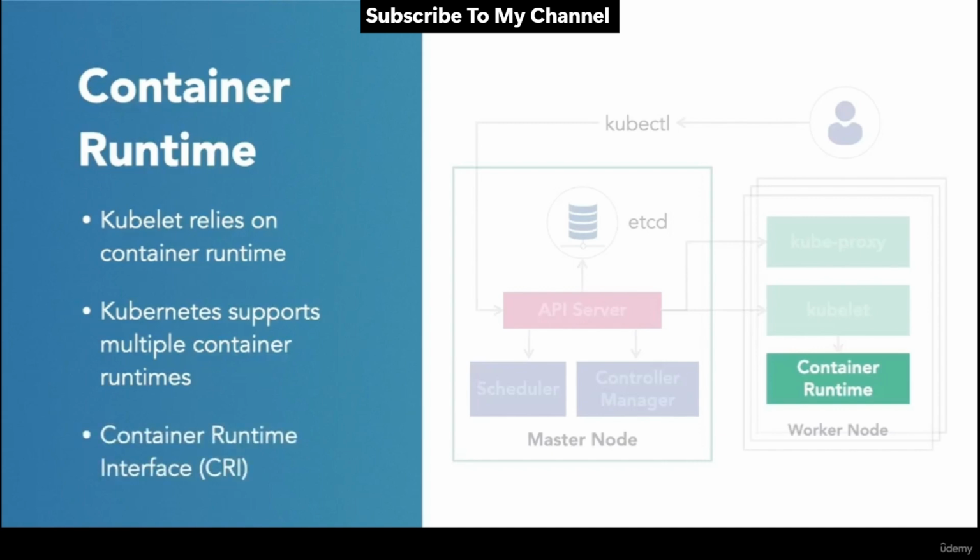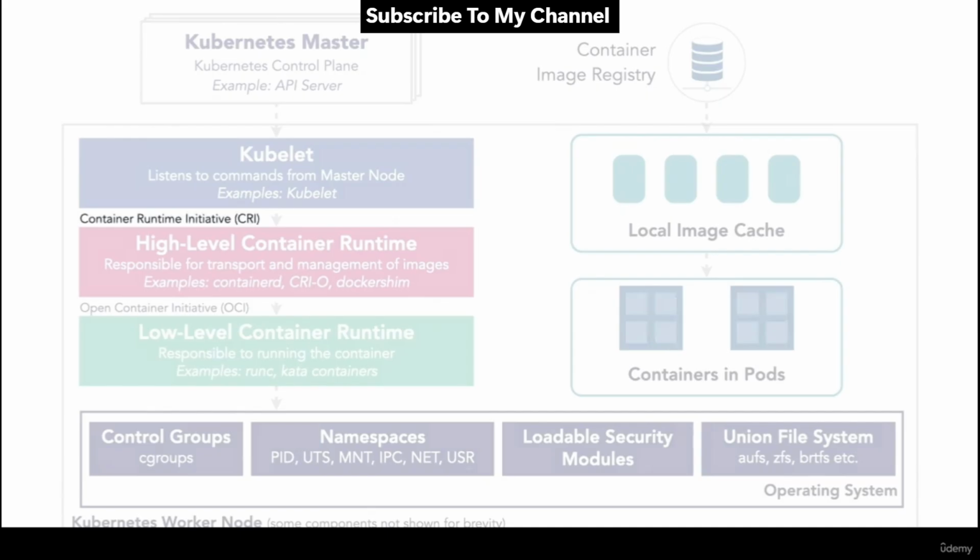There are a few CRI compliant runtimes available today, such as CRI-O and CRI Containerd. CRI-O, which implements the CRI, provides the integration path between the OCI conformant runtime, such as runC, and the kubelet. Similarly, Containerd from Docker now has a CRI plugin that allows you to run even containerd as container runtime with the kubelet.